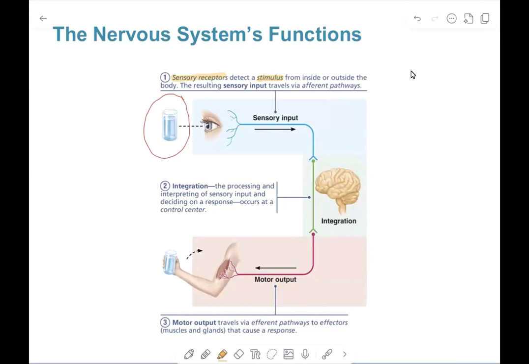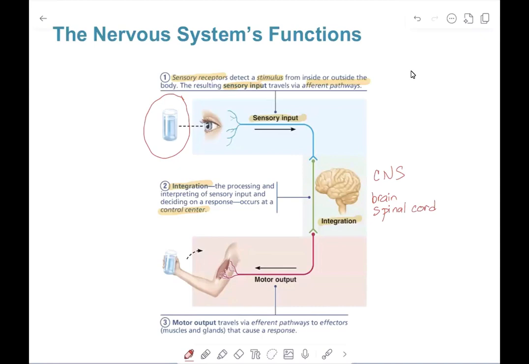There are sensory inputs that travel via afferent pathways towards the integration center. And an integration center acts as the control center. This would be the central nervous system, which includes the brain as well as the spinal cord.